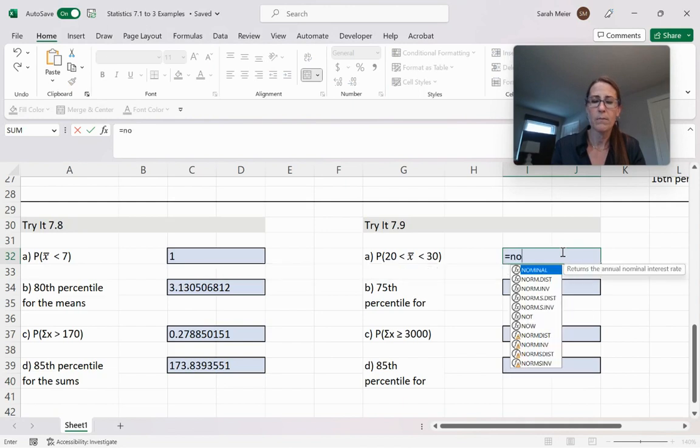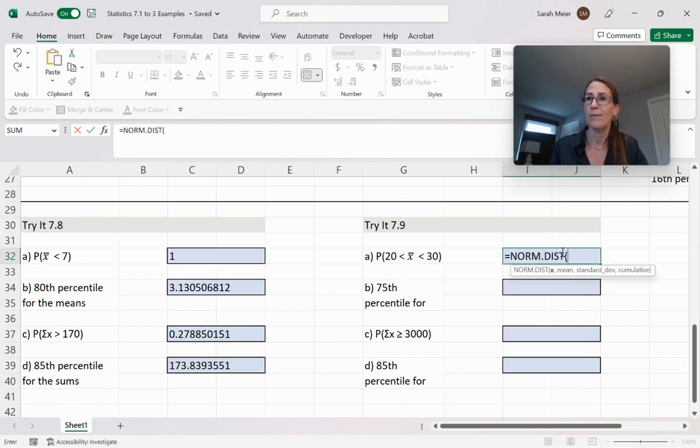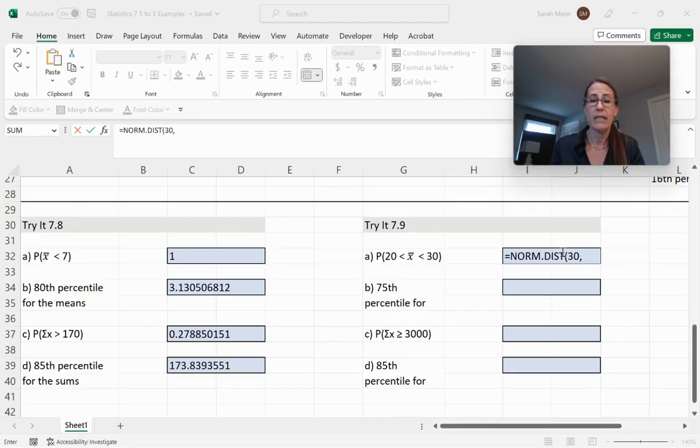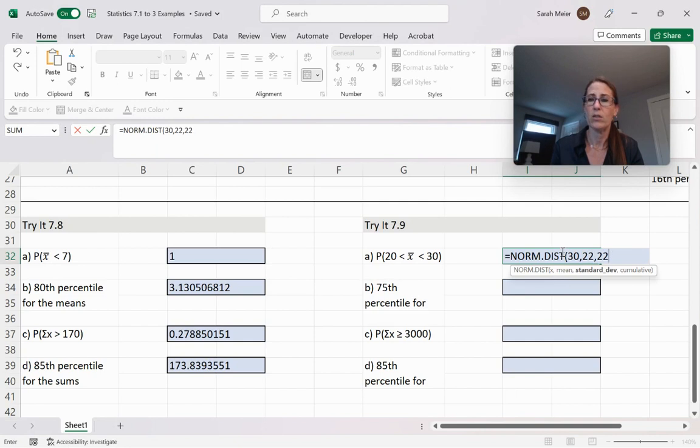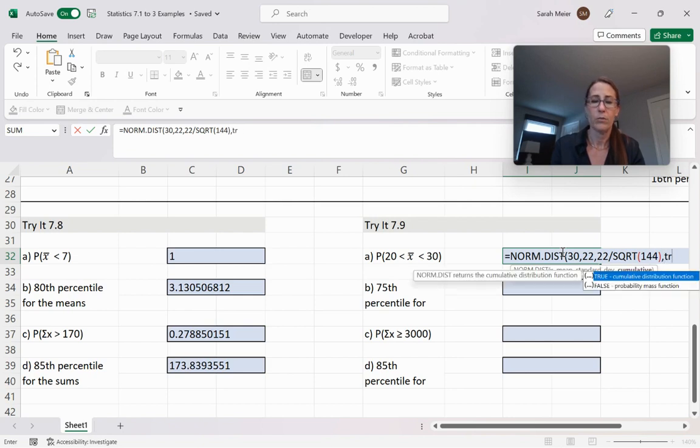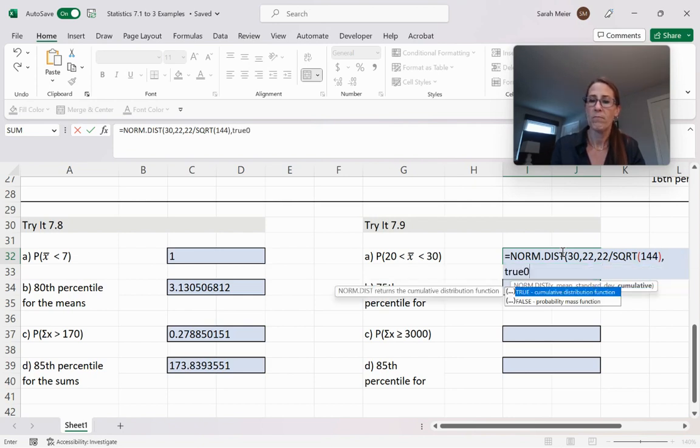But these between problems, with the normal distribution, I'm going to use the bigger number first this time, 30. Our mean here is 22. Our standard deviation is 22 divided by the square root of 144. And I'm going to use the word true. And I'm going to subtract off the normal distribution for the smaller number, 20 minutes.